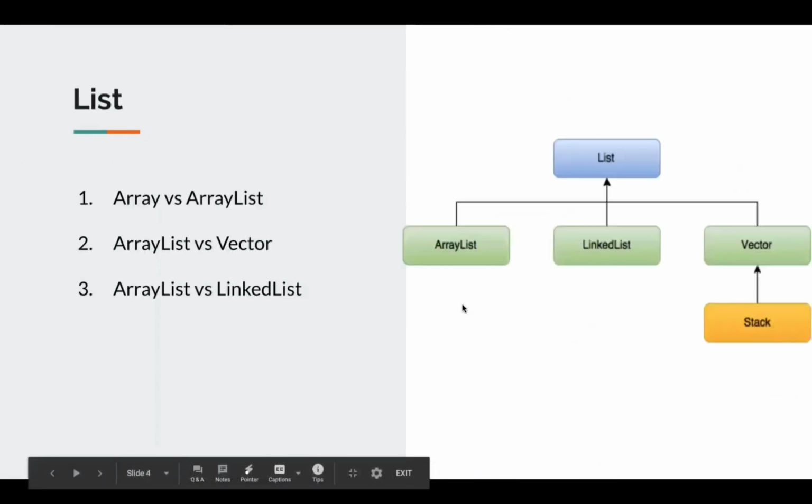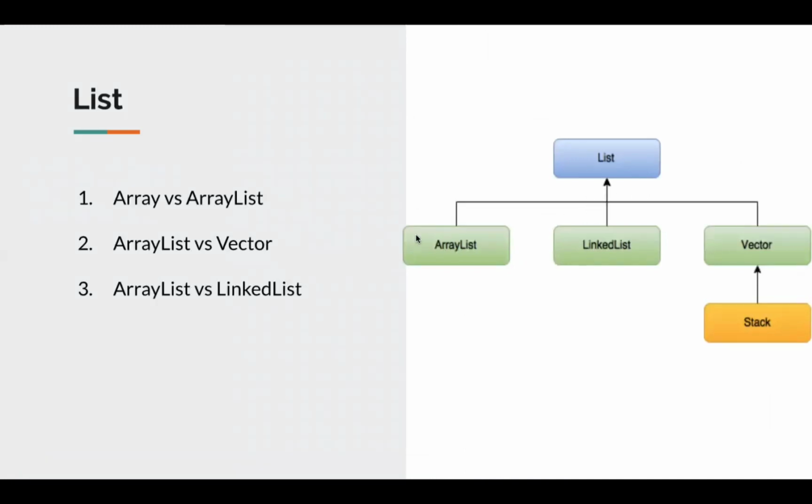Let's begin with the list interface that we have. The list interface has majorly three implementation classes: array list, linked list, and vectors. Let's discuss first the difference between arrays and array list. Arrays are basically fixed size and they are static, whereas array lists are dynamic.